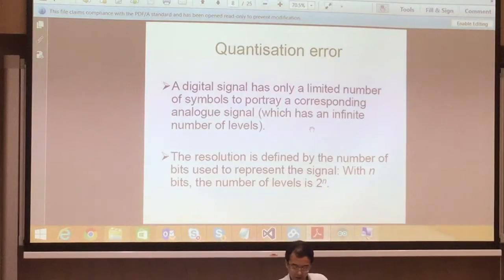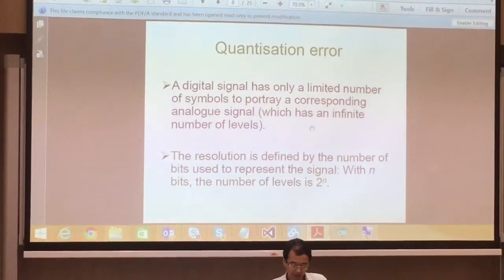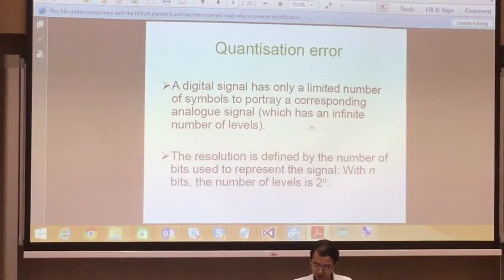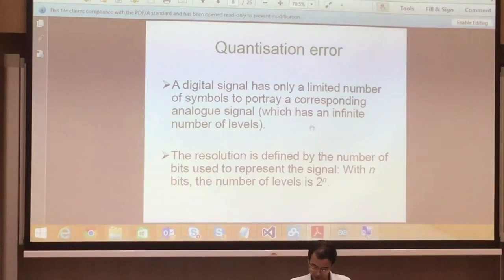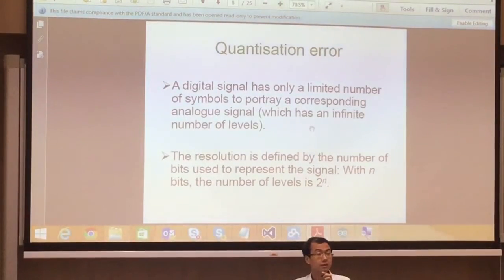Okay, so quantization error, we have discussed a little bit earlier, right? Basically, for digital signals, the problem is you have a limited number of symbols, digits, to represent the analog signals. So that gives you some error, right?